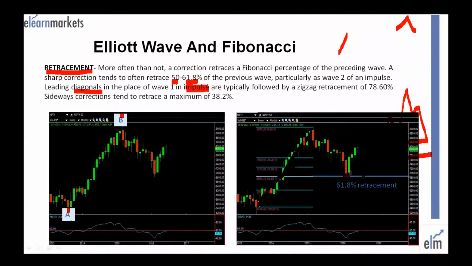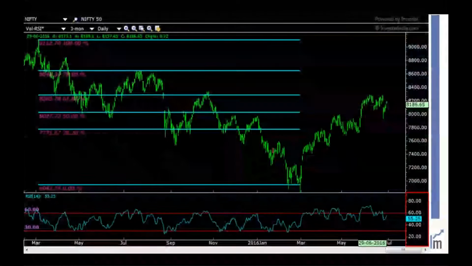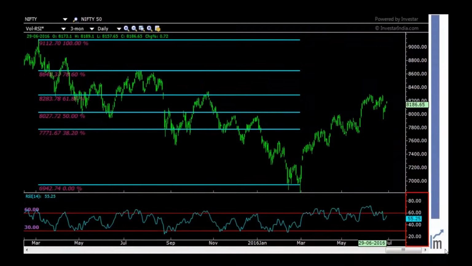Alright, so we were talking about the chart of Nifty.